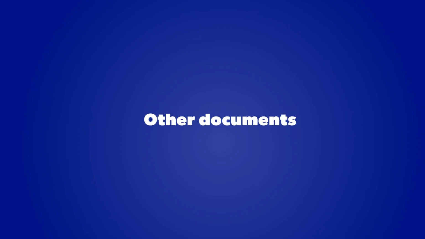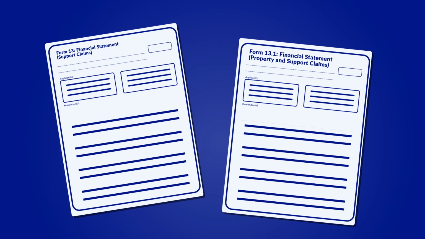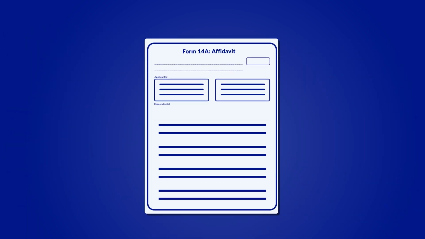You may also need to update or fill out other forms. If your motion deals with financial issues, you may need to update your financial statement, which will be either a Form 13 or Form 13.1. Or you may need to fill out a Form 14A affidavit that explains any changes to your last financial statement.